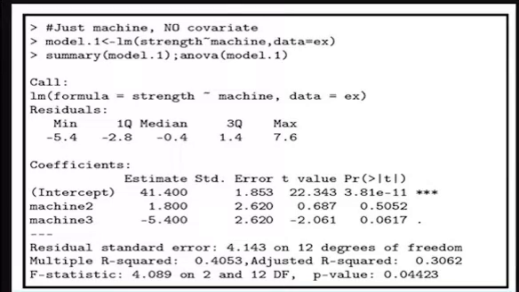Now, if you take a look at this linear regression approach, what do you see? When I look at the effect of machine on the strength, the p-values associated with machine 2 and machine 3 are greater than 0.05. What is it telling us? Machine is not significant. That is what it means.